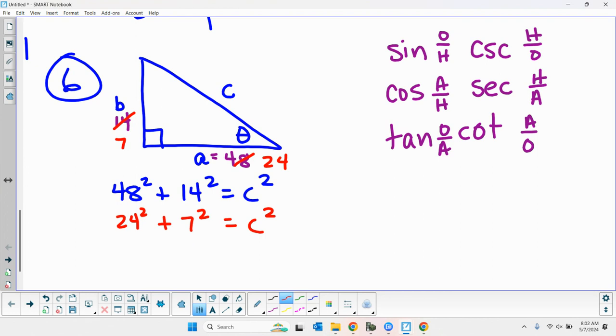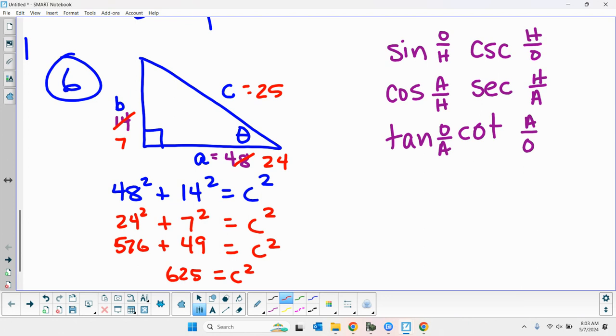And 7 squared is 49, and 24 squared was 576. And when I add those, I get 625. When I take the square root, that gives me a 25. So my sides are A 24, B 7, and C 25.